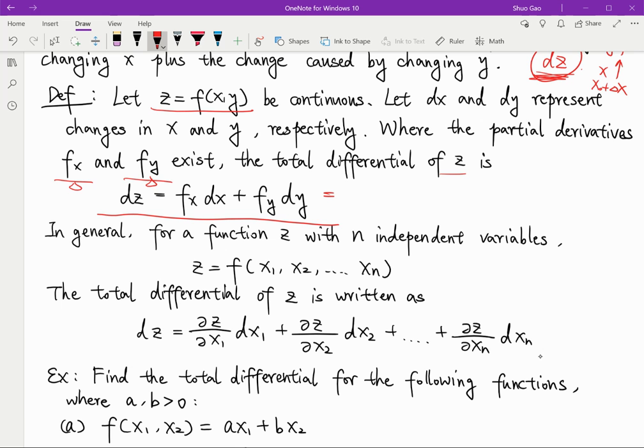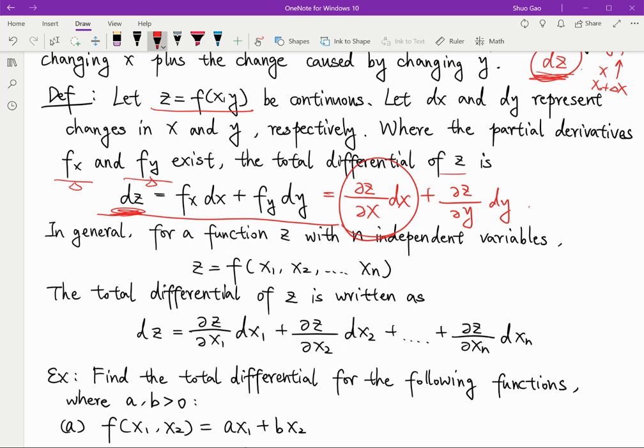This is just partial z over partial x times dx plus partial z over partial y times dy. So the total change, or total differential, of z is the summation of two things. The first one is the partial derivative with respect to x times dx.